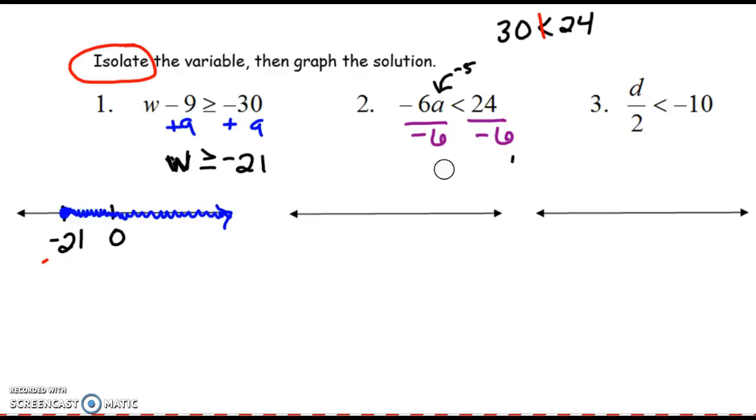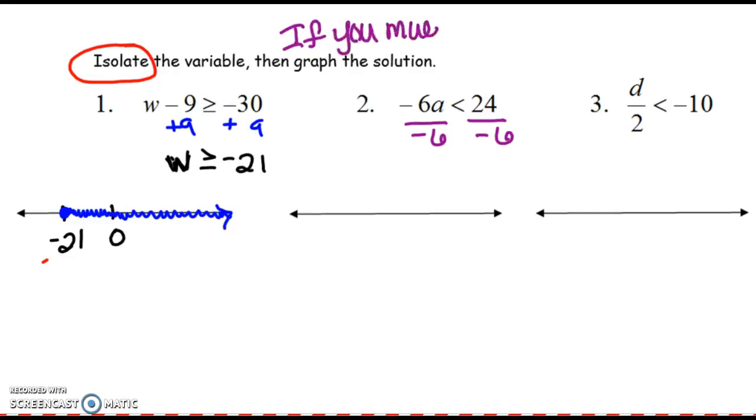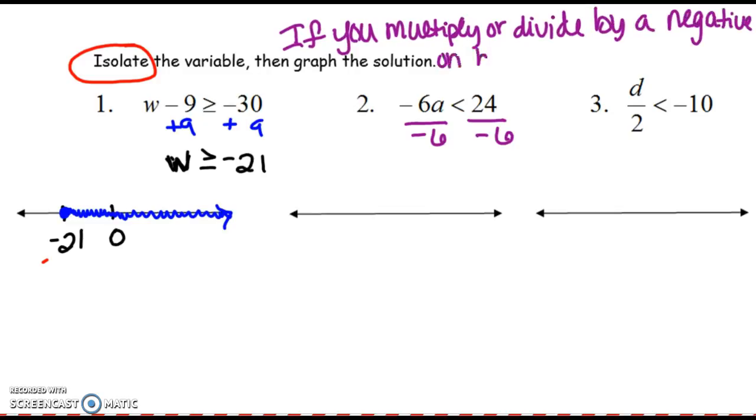Back when we went to solve this and we decided we needed to divide by negative 6, you have to remember anytime you multiply or divide by a negative on both sides, you change everything.